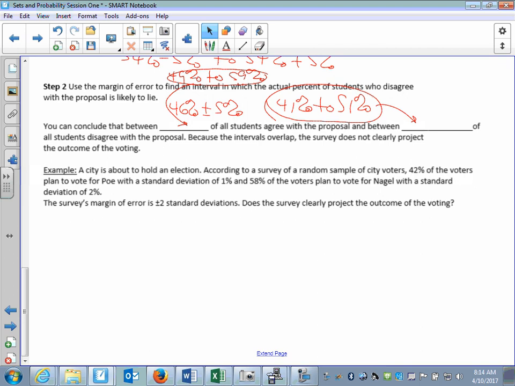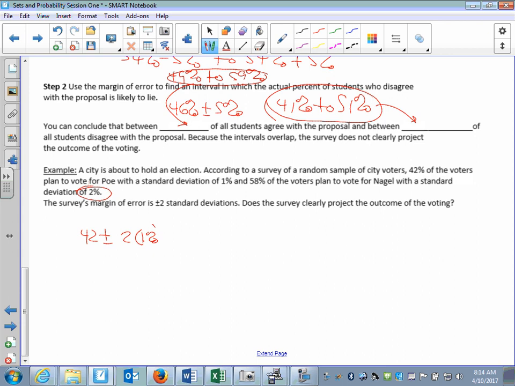Well, let's see. Poe is going to have 42% with a standard deviation of 1%. So that would be 42 plus or minus, let's see, the survey's margin is 2 standard deviations, so it would be 2 times 1%.